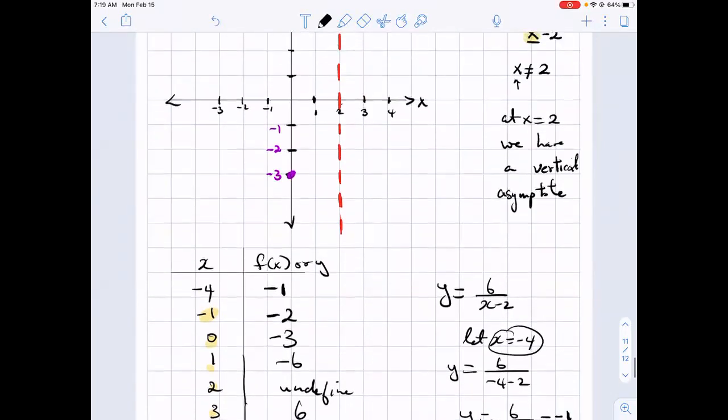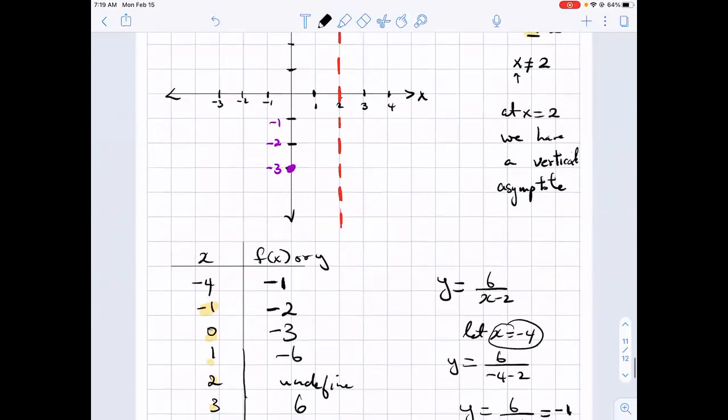And if you plot these points, at minus 4, you get a negative 1, so you have a point here. At negative 1, it was negative 2, so you get a point here.